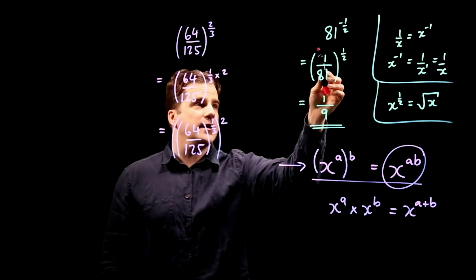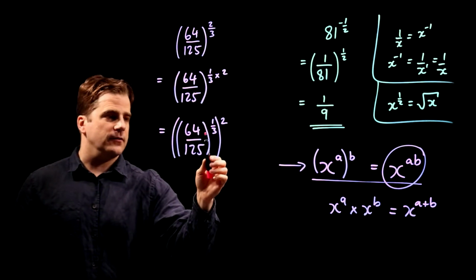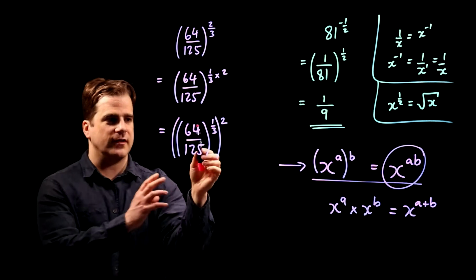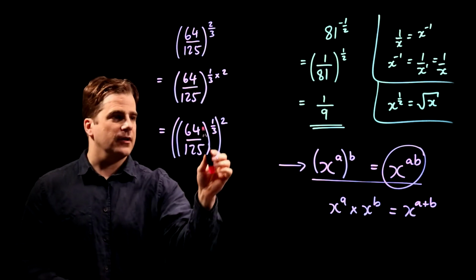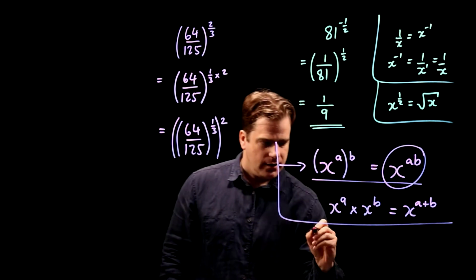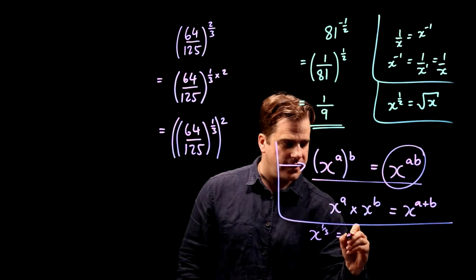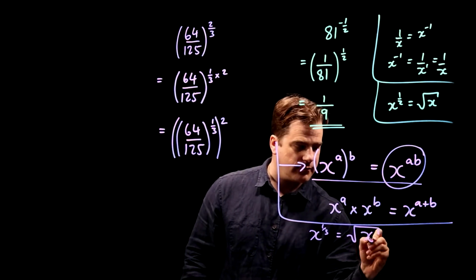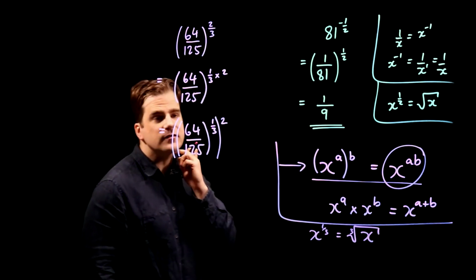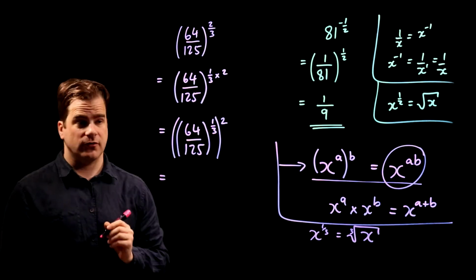Like I was saying here, when you have a fraction in a bracket raised to a power, you can treat them individually, do the top and the bottom. A third, anything to the power of a third means take the cubed root. So we have to take the cubed root of 64 and the cubed root of 125.